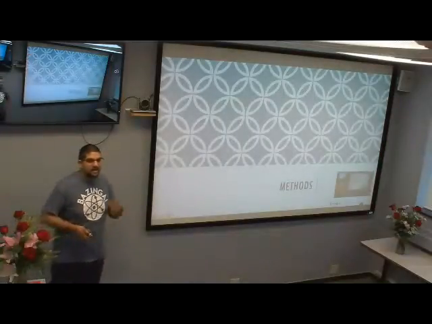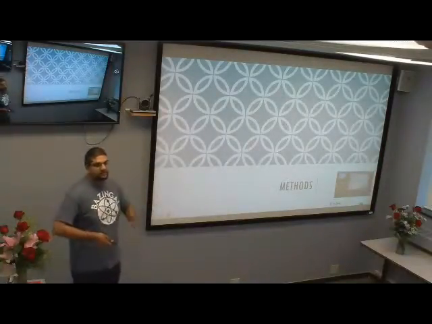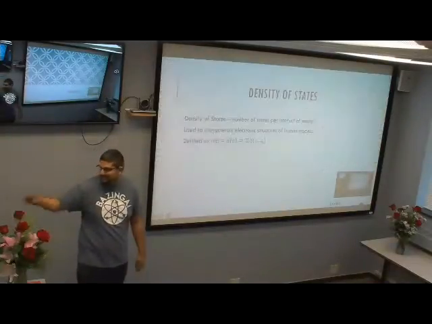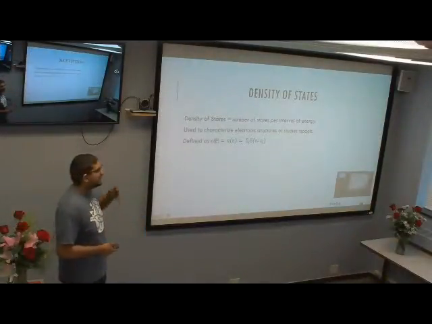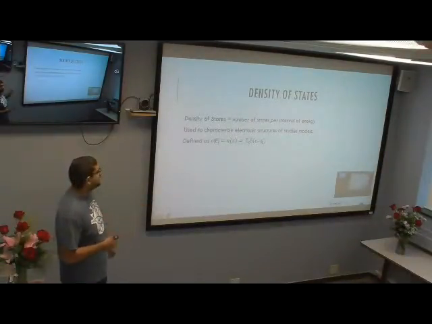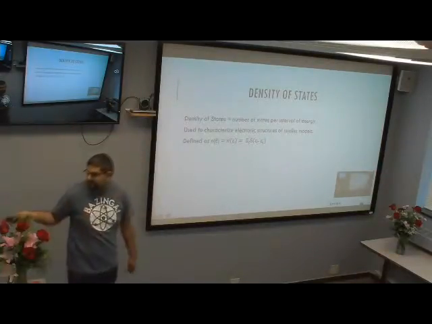Now, just a brief recap of the methods I used for my research. I did density of states for all 6 of my models. Density of states is the number of states per interval of energy, and it's defined as a summation of delta functions.